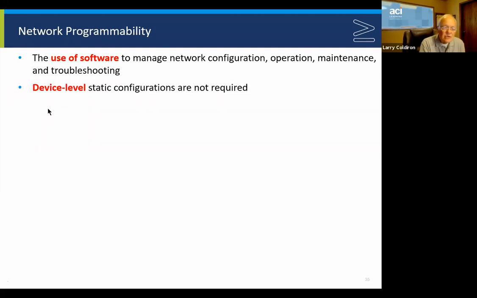Device level static configuration, not going to be required here. The device level is what we've been doing, and what CCNA is and always has been since I've been one: device level configuration. We go to one at a time, use the command line interface, type in the commands.